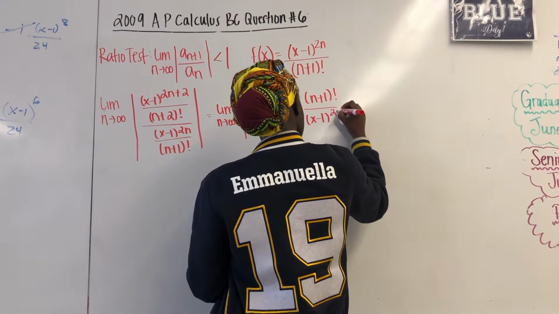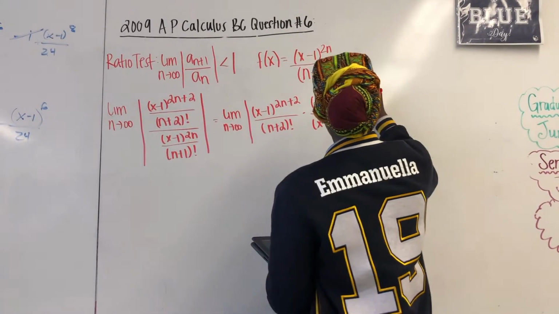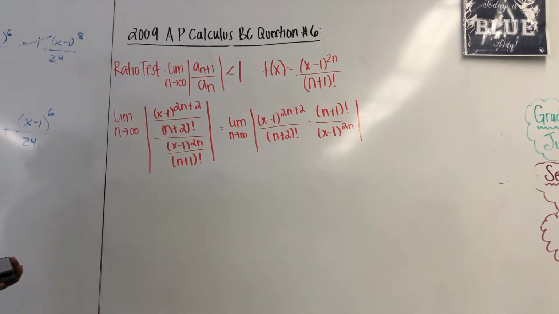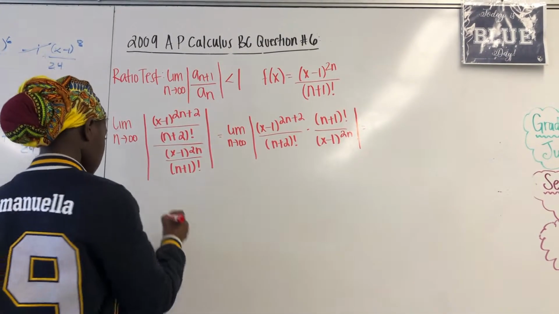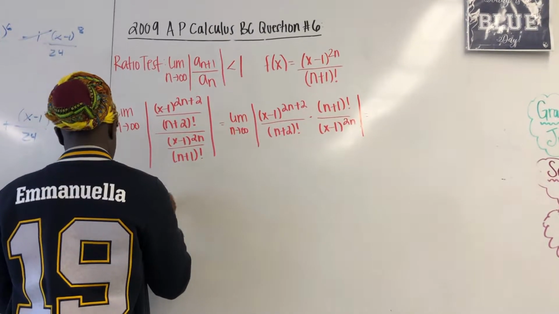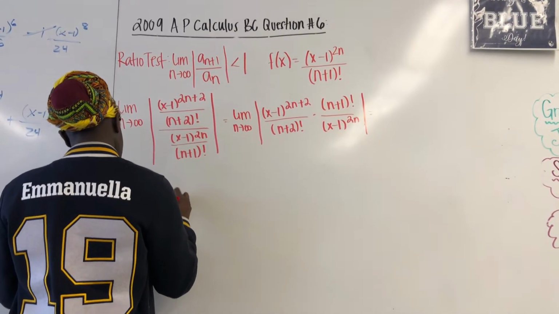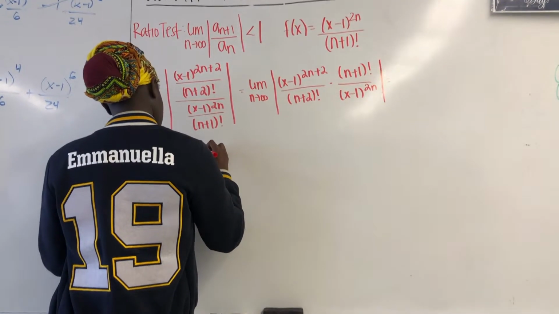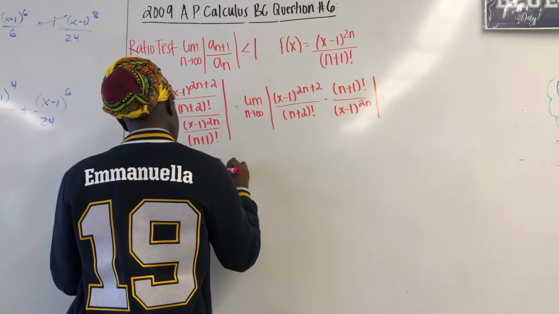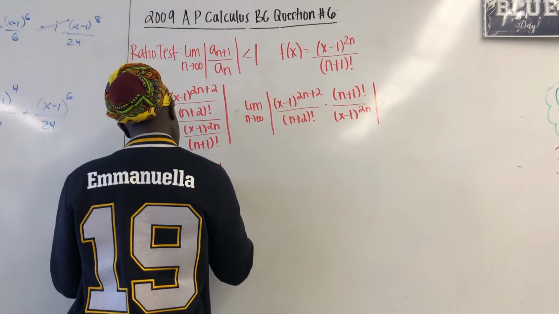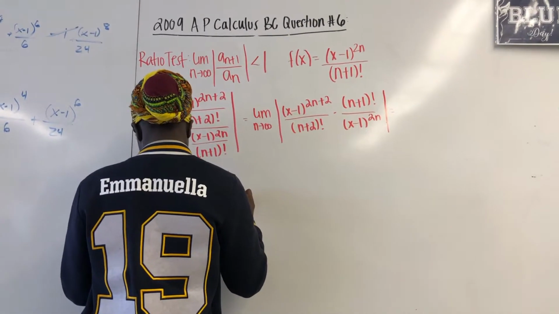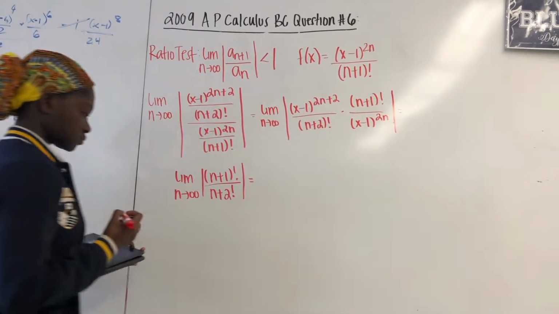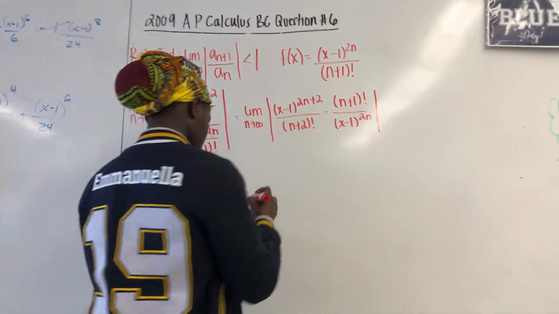This equals the limit as n approaches infinity, absolute value, of (x minus 1) to the 2n plus 2 power over (n plus 2) factorial times the reciprocal, which would be (n plus 1) factorial over (x minus 1) to the 2n power, all in absolute value.